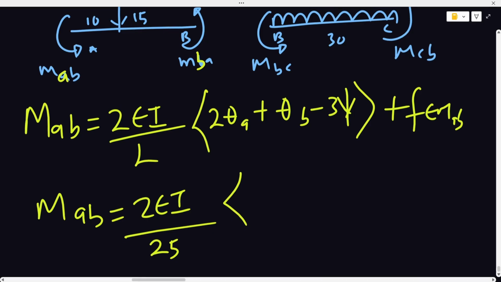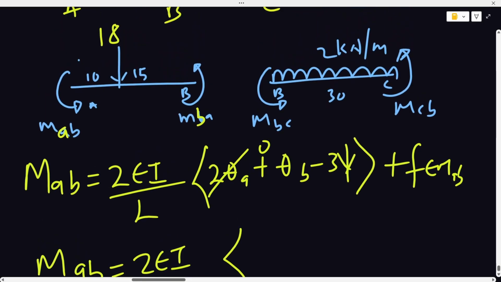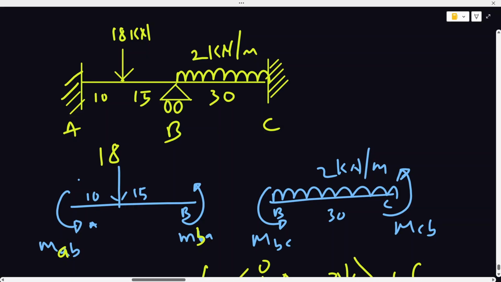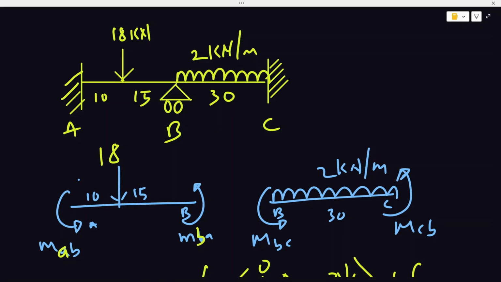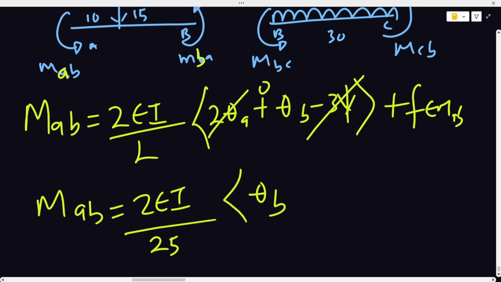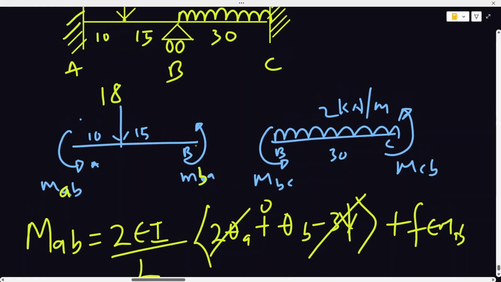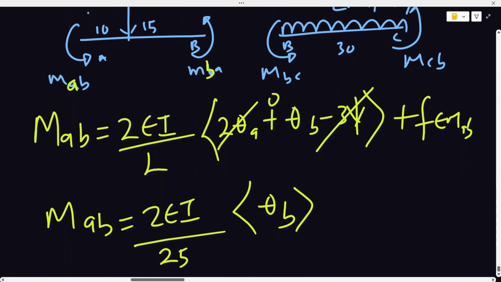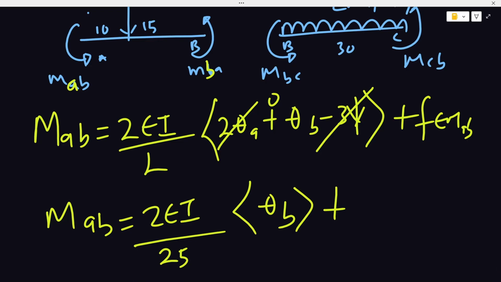2 theta A. Remember that theta A will be 0 because we had a fixed end there. Remember when we did boundary conditions, for a fixed end the slope is 0, the rotation is 0. So we have theta B. Similarly, there's no chord rotation, there's no settlement, so there won't be any chord rotation. So we just have this expression plus FEM AB. FEM AB is 64.8.